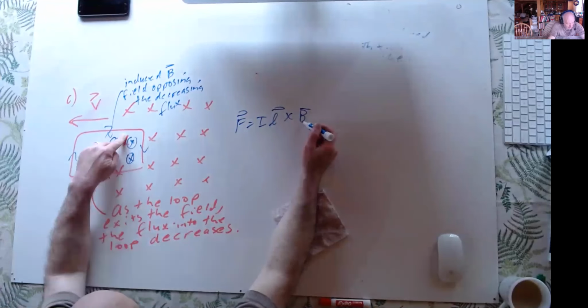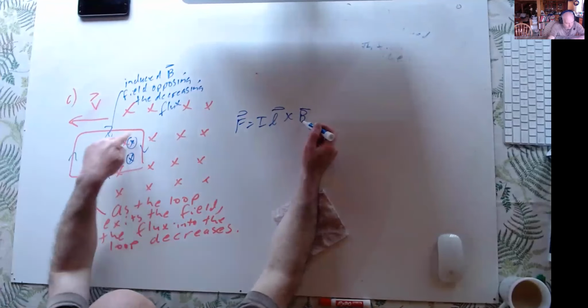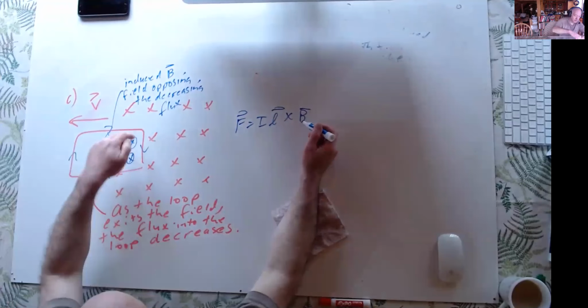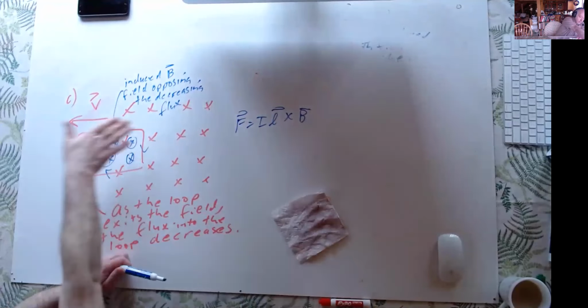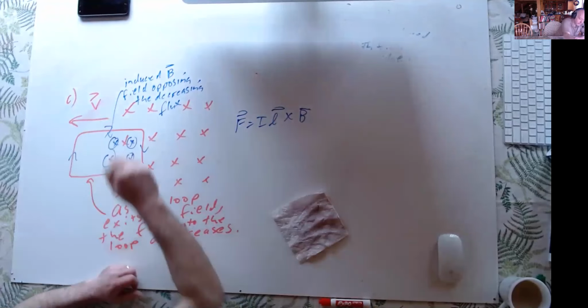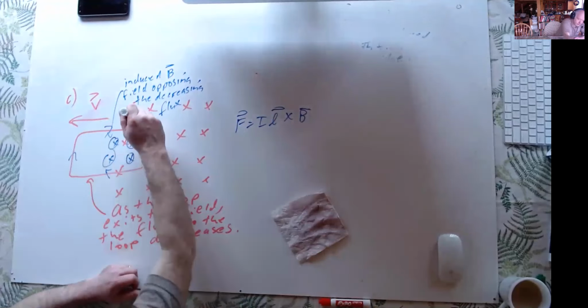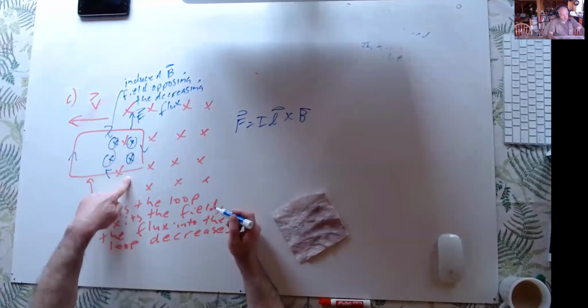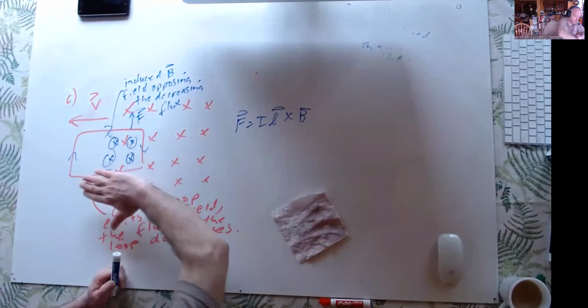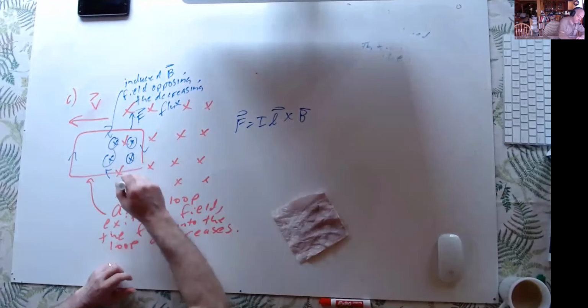But up here on the top, this part here where it's in the field, remember L is always in the direction of I. So it's L crossed into B, that force is up like this. And again, remember that B is your external field. It's that red, it's not going to be the blue, it's going to be the red. Down here, it's L crossed into B, that force is like that.